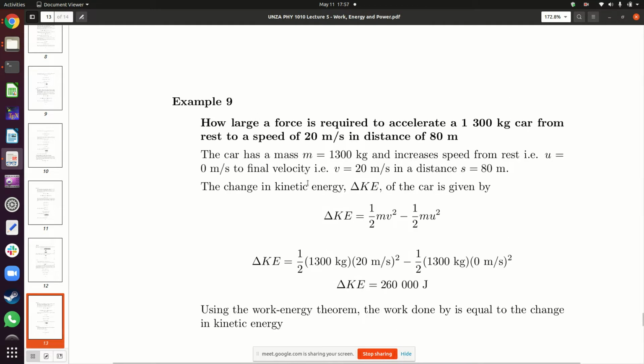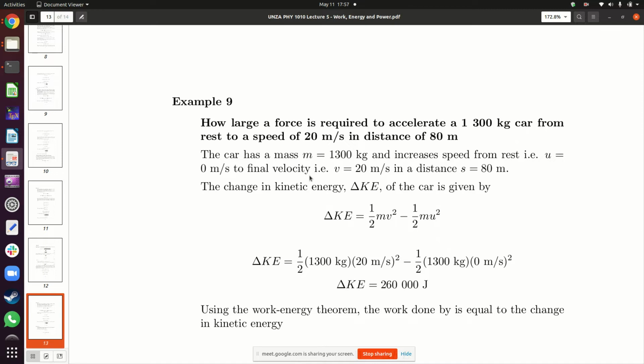Example 9 says: how large a force is required to accelerate a 1,300 kg car from rest to a speed of 20 meters per second in a distance of 80 meters? So we have a car which has a mass of 1,300 kg.